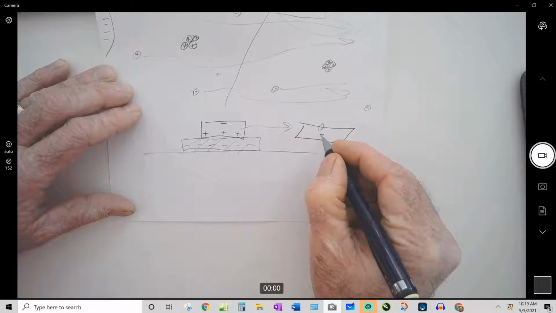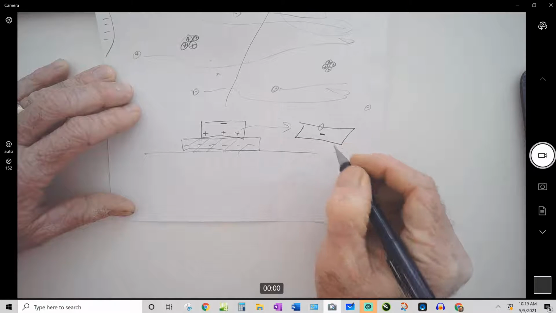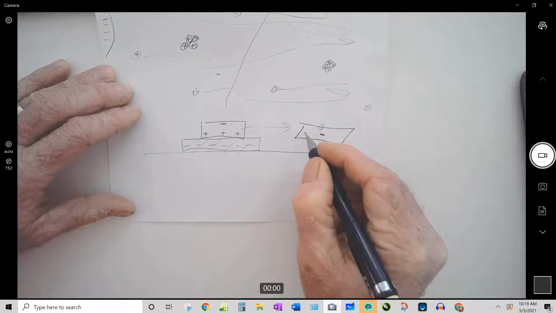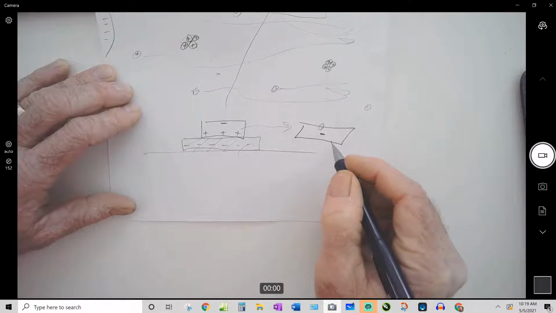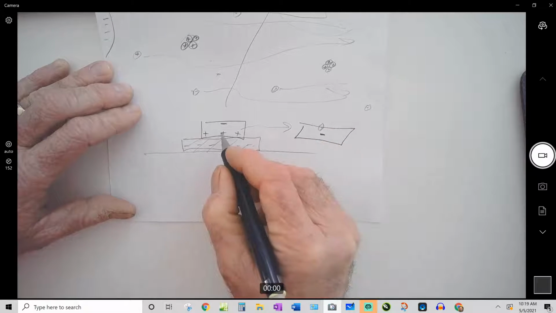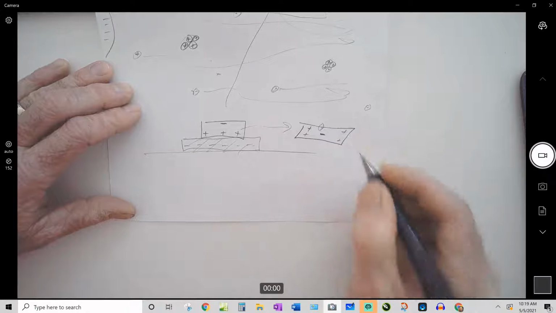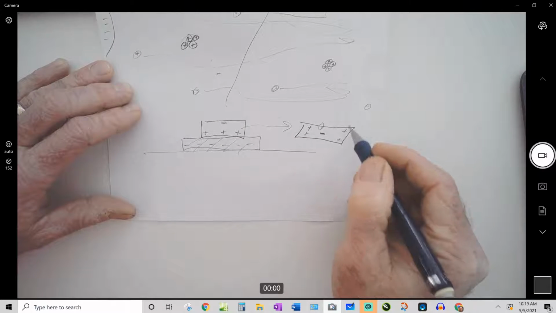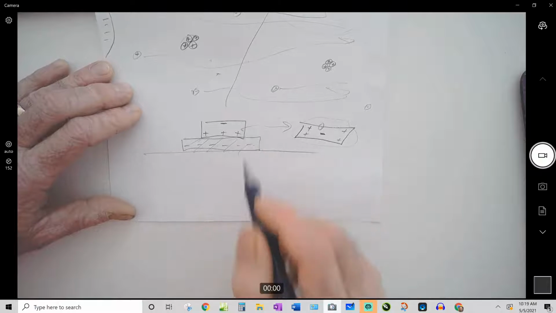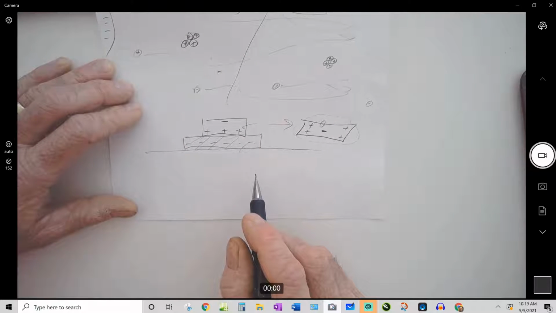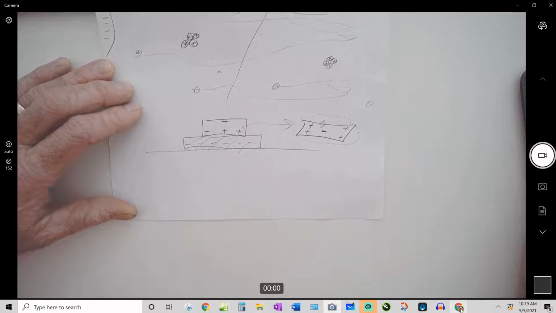Maybe the negative would be in the middle, and it's hard to imagine this. The way the textbook does it, I'm just going to draw it kind of like this. So we have this even charge distribution, but overall we would have a positively charged conductor on top.